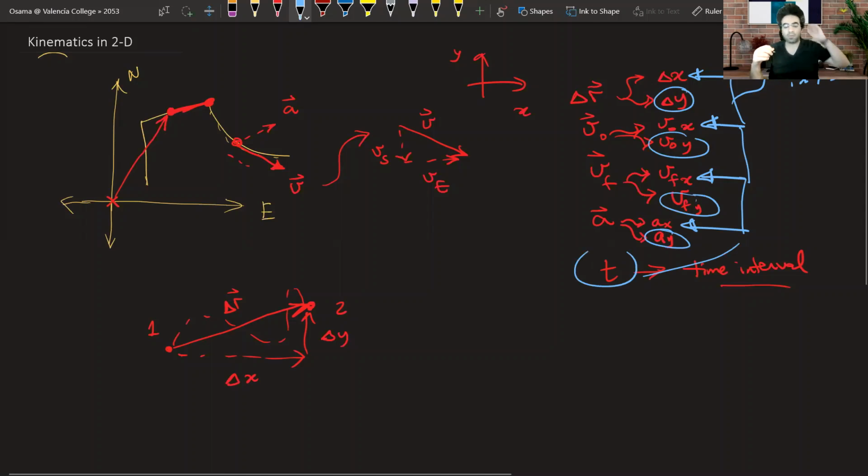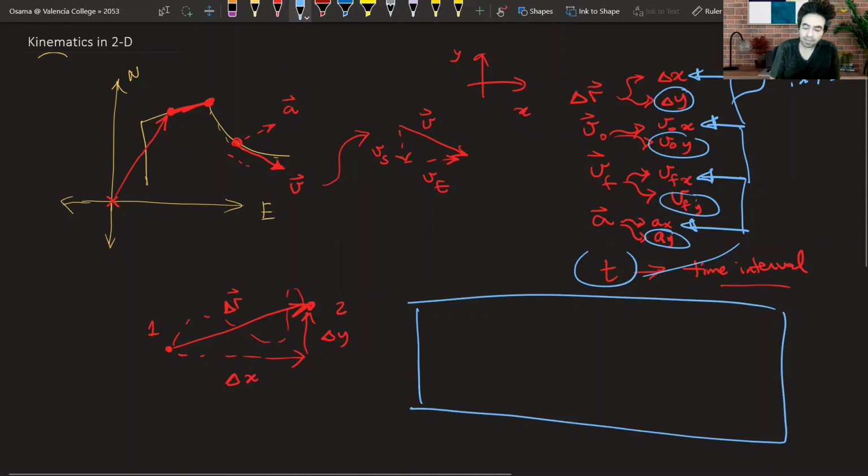The time is independent whether you think about the x or the y. So the time would be part of the problem. So in any case, what I'm really trying to say here is that motion in x happens whether or not motion in y happens.